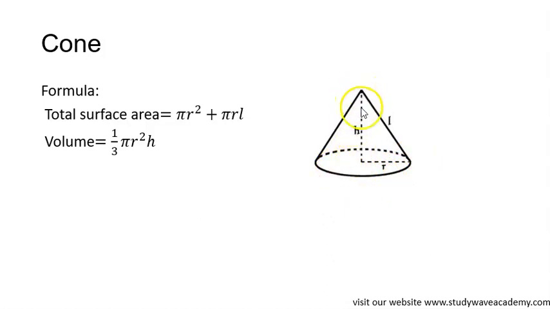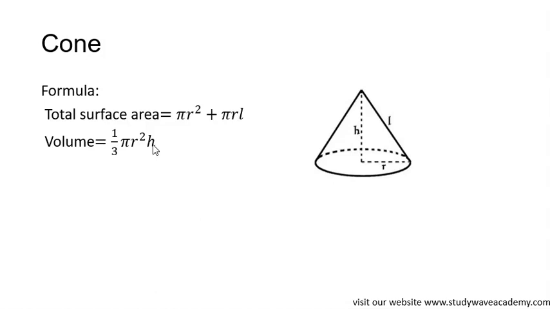Here's the height. Do you understand? To find the total surface area of a cone is pi r squared plus pi r l, and to find the volume of a cone is 1/3 pi r squared h. So these are the formulas to find the total surface area and the volume of a cone.